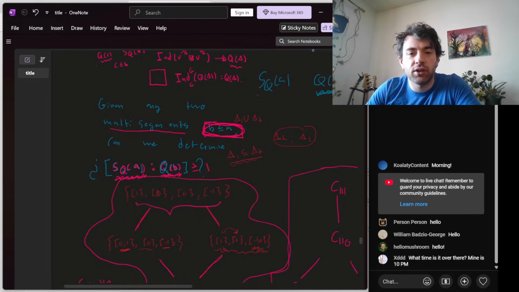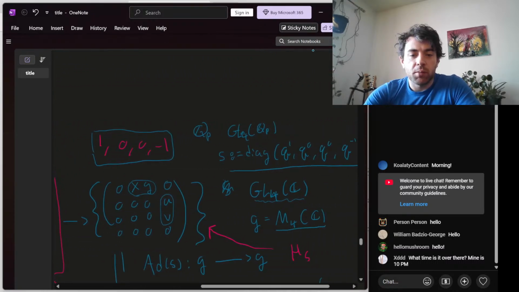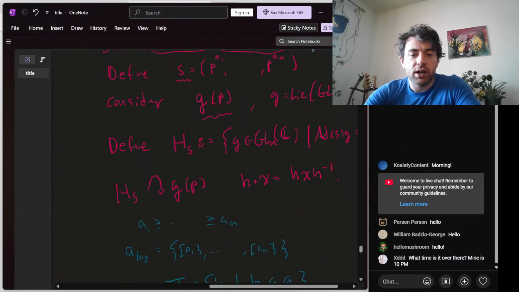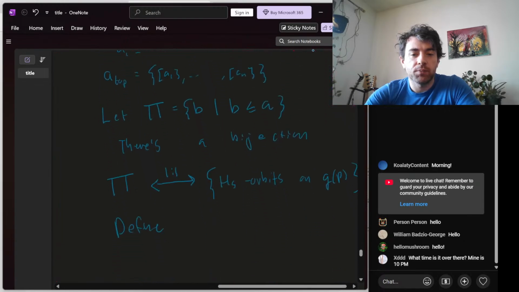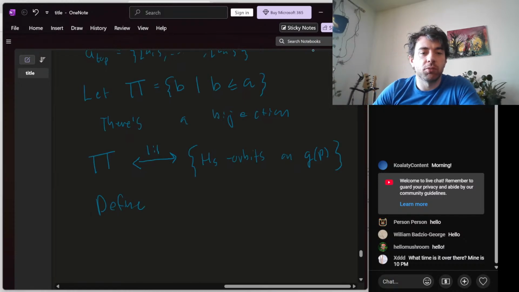And S Q_A was the thing that we built that doesn't have to be irreducible, but it will have a unique irreducible quotient, which is the thing we would have called Q_A. Remember, our goal was to answer the question of what are the multiplicities of the irreducibles in the SQs.